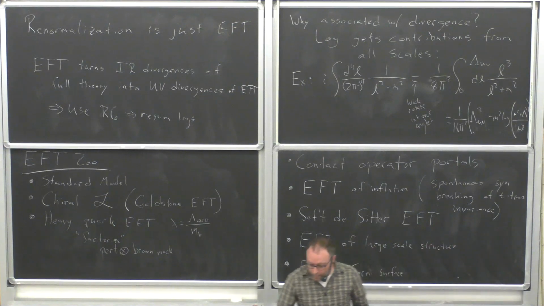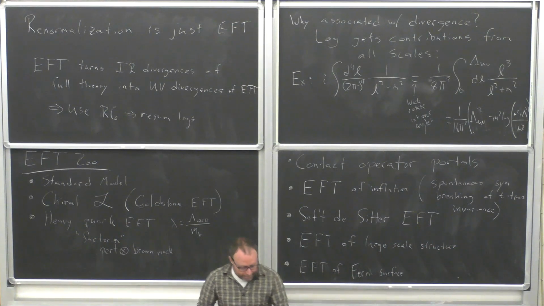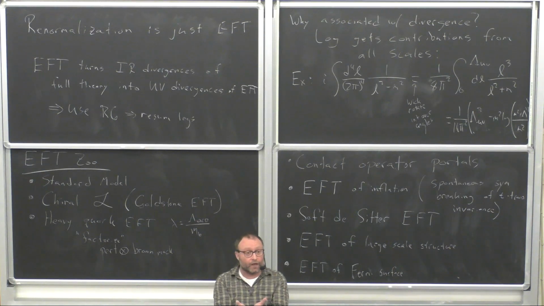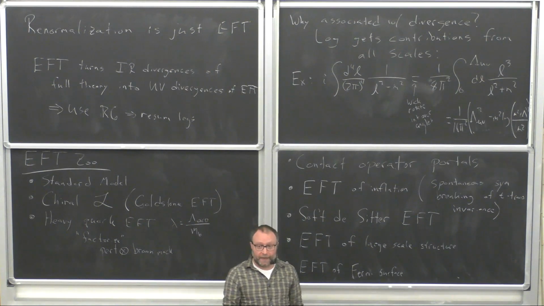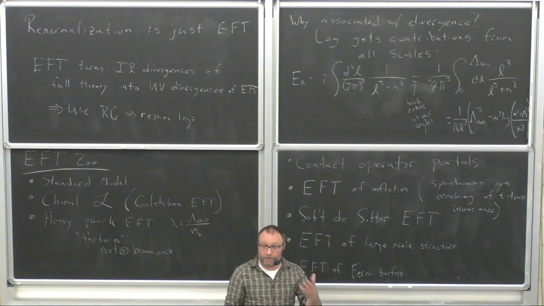So there's this idea, again, that if you have the right degrees of freedom, you can organize a systematic EFT expansion in terms of the excitations on top of the Fermi surface. And in fact, much of hard condensed matter physics is essentially effective field theory.